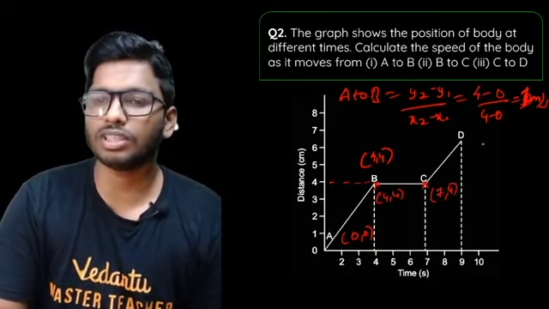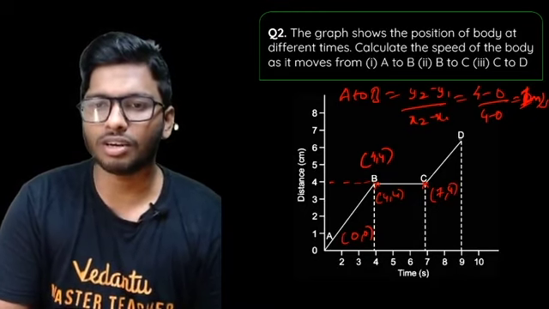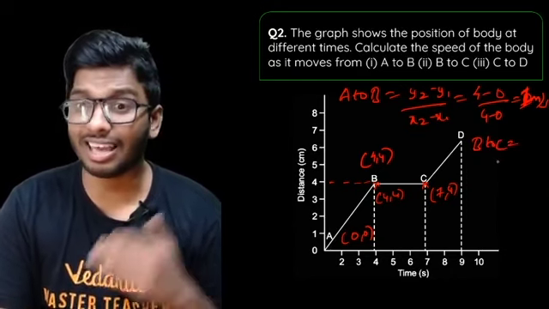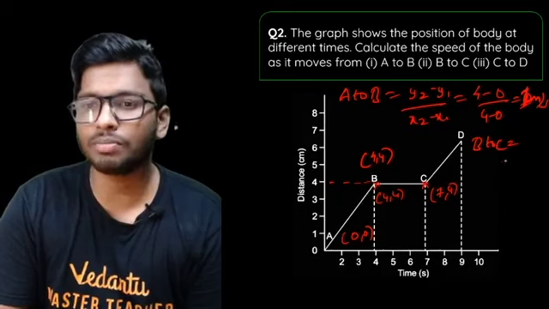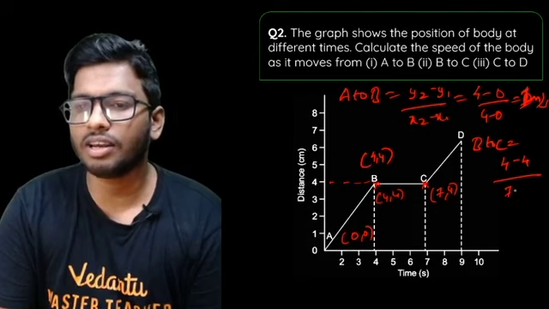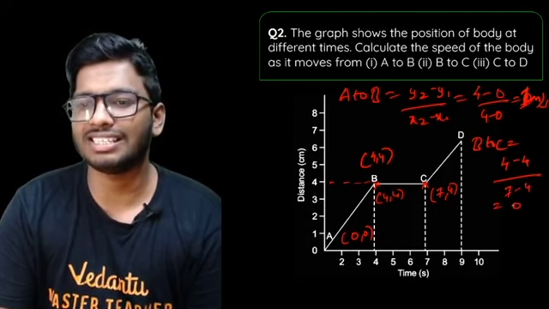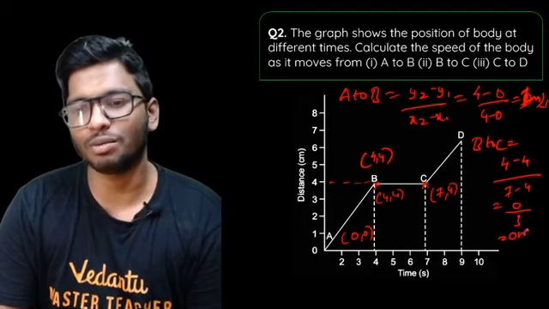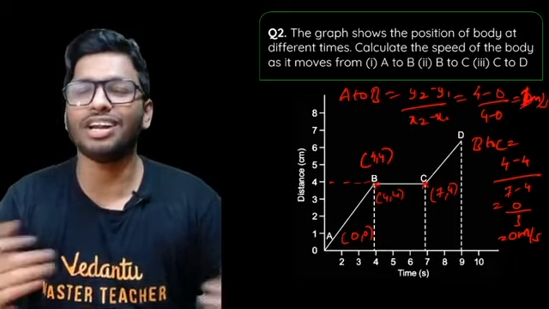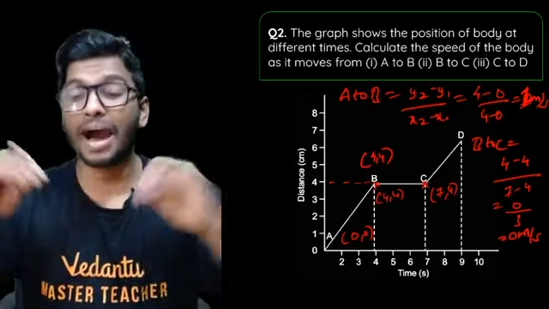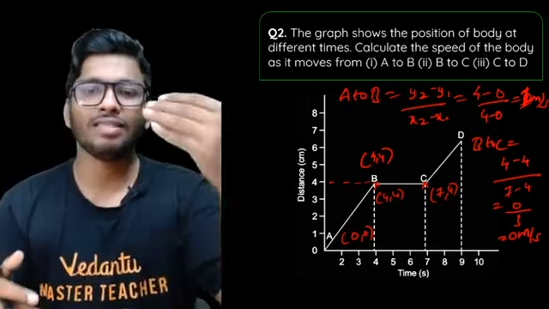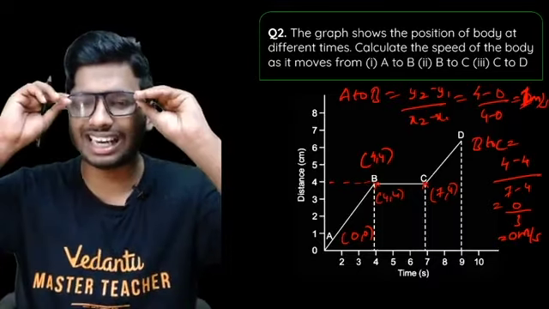So if you substitute the values from B to C, y2 minus y1 is 4 minus 4, and x2 minus x1 is 7 minus 4, so that will be 0 divided by 3, which gives you 0 meter per second. Simple as that. If it's a horizontal line parallel to the x-axis, I told you that the body is in the state of rest. So between 4 to 7 seconds, the person was in the state of rest itself, so it'll be 0 meter per second.